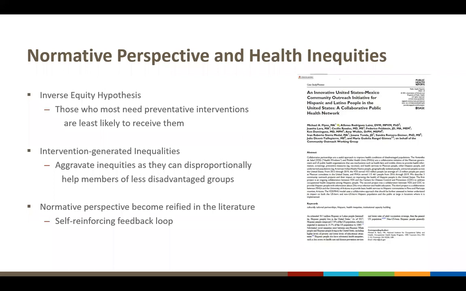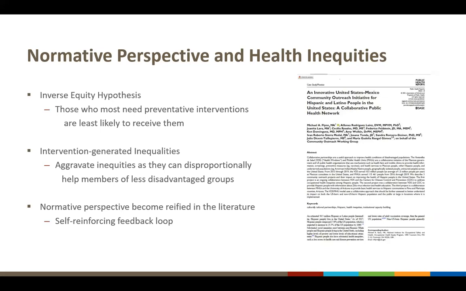But basically what we're saying here is that the result of that is that those who are most in need of preventive interventions are often the least likely to receive them. And this is known as the inverse equity hypothesis. And similarly, interventions, when tailored to the normative group, either consciously or inadvertently, can often aggravate inequities, as they can disproportionately help members of less disadvantaged groups, right?